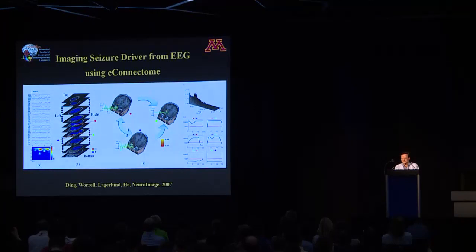This work was conducted nine years ago. In this case, we applied, for the first time, source imaging from the EEG to image the source information, as shown on the left panel.